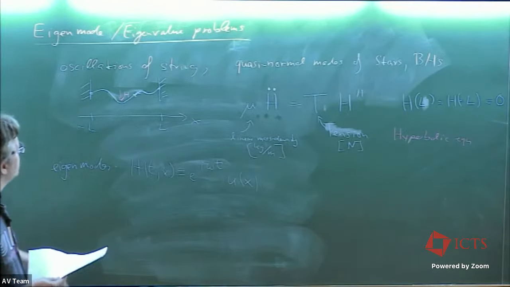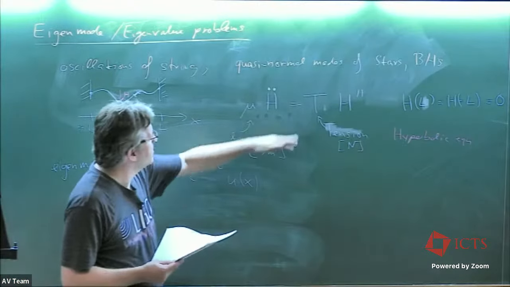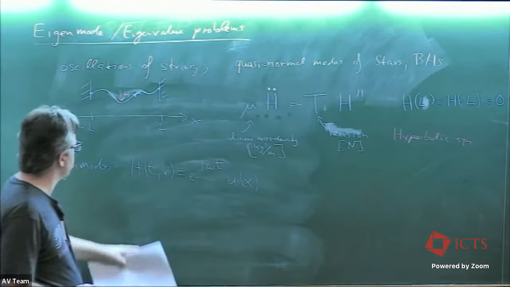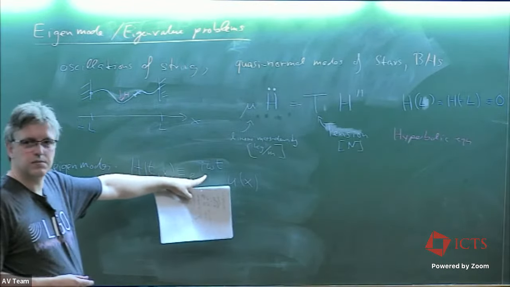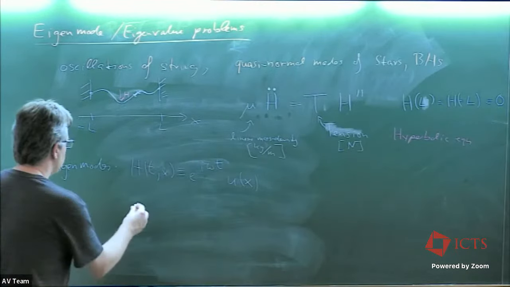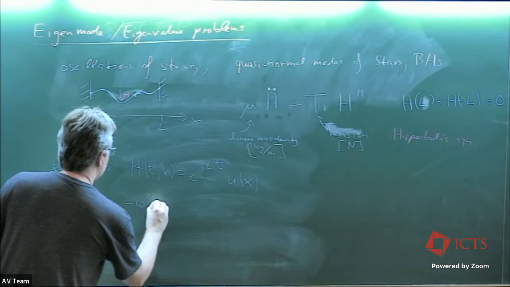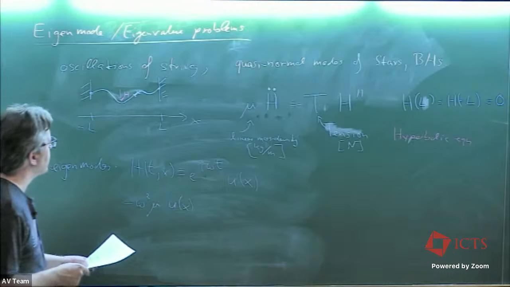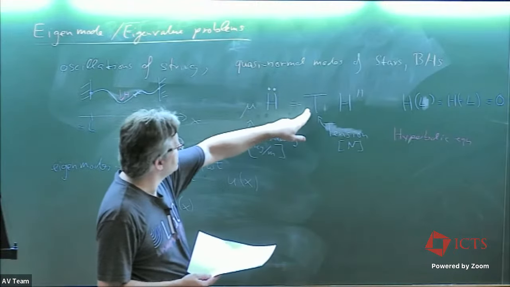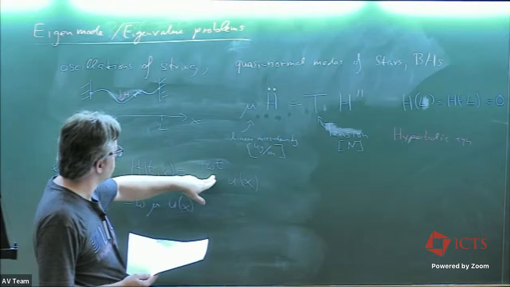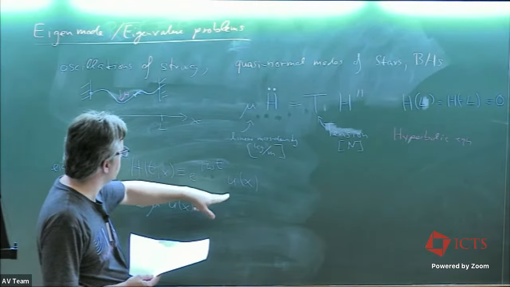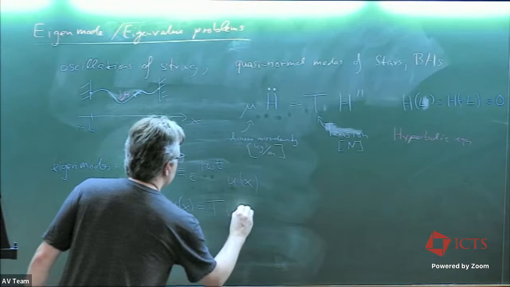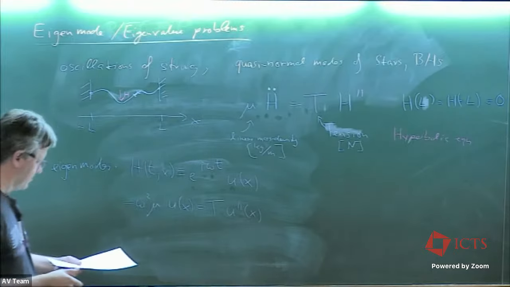If you now take this and substitute it into the string evolution equation, what we find is that the second time derivative turns into a minus omega squared because of the e to the i omega t. And now we still have the u of x. And on the right-hand side, we have T times e to the i omega t times the second spatial derivative, and that only operates on the u, so T times u double prime of x.